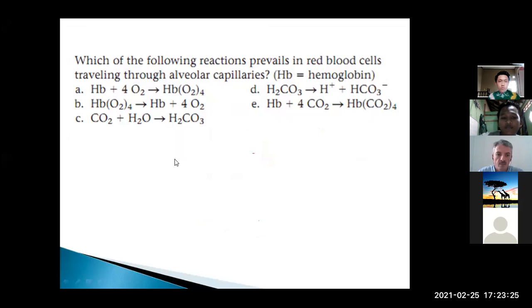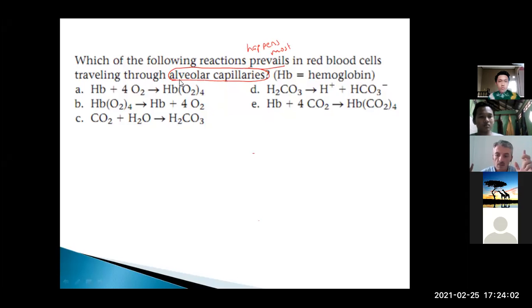Okay, fine. Then let's look at this. Which of the following reactions prevails, like the main reaction, in this case? Where are we? Are we in the lungs? Because different things happen there. Or are we in the other tissues? We need to know that.